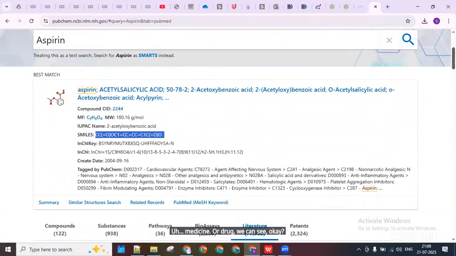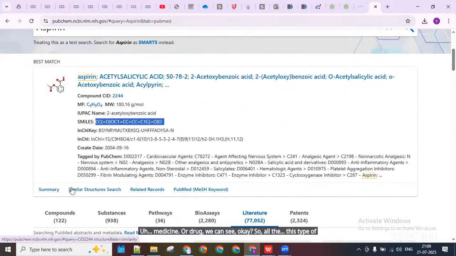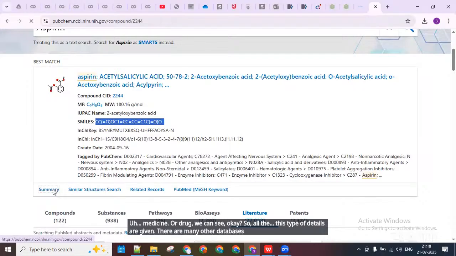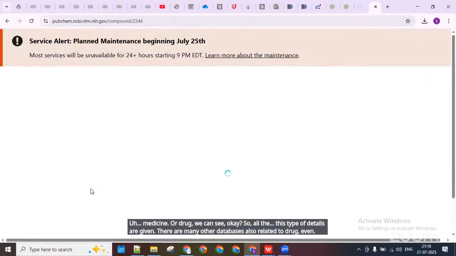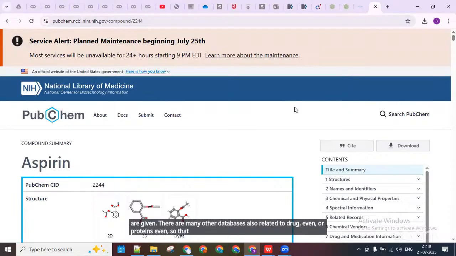Okay, so all this type of details are given. There are many other databases also related to drugs, or proteins even, that we can check whenever they are required to use.